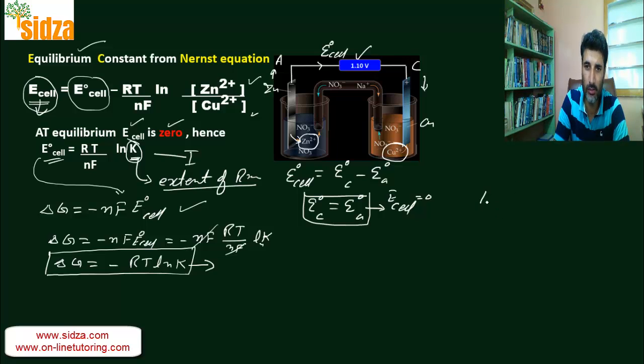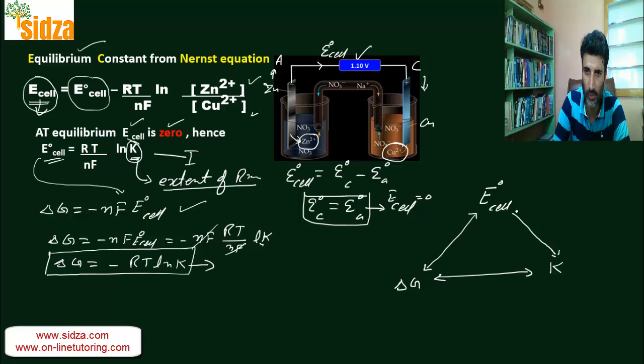So we can relate three important properties of a cell: the standard EMF of the cell, the delta G value, the change in the Gibbs free energy, which is the maximum work that we can obtain, and the equilibrium constant of the cell. The delta G we know is equal to negative nF E0, so you can find the maximum work, the decrease in the free energy of a system, from its standard EMF.